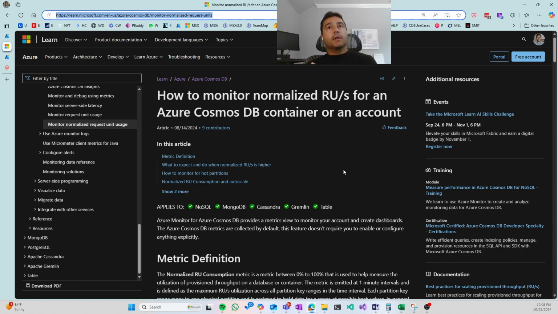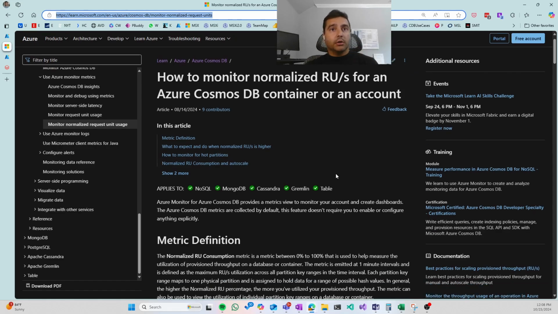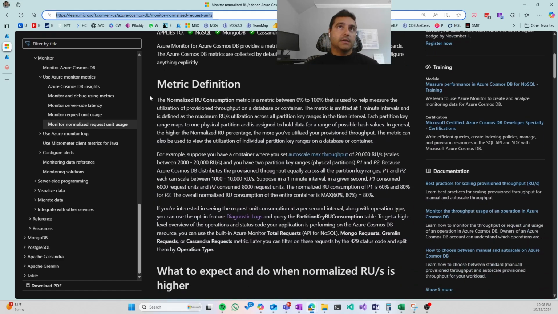We have documentation that explains how you can monitor it, but most important is the metric definition. Normalized RU is the ratio of the utilized RU to your total RU capacity provisioned at that specific point in time. So if you have 10,000 RUs as your maximum throughput and you consume 9,000 RUs, your normalized RU is 90%.